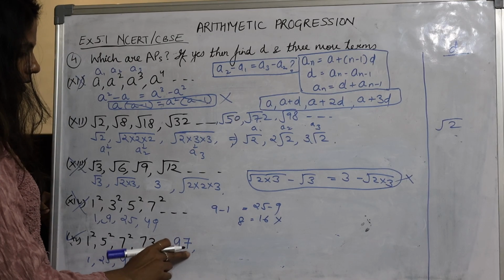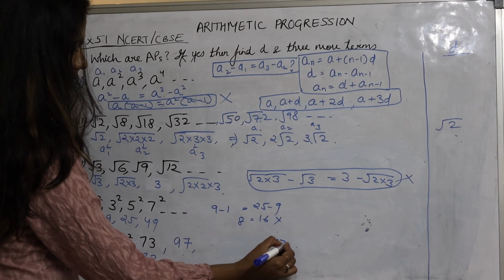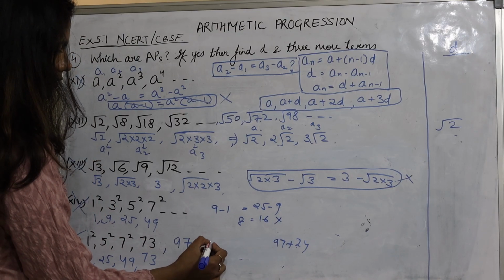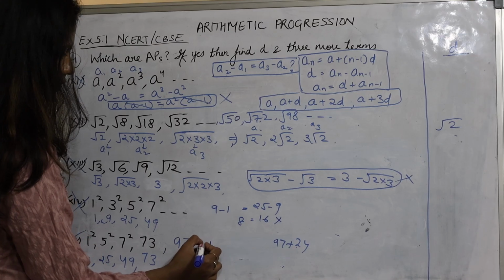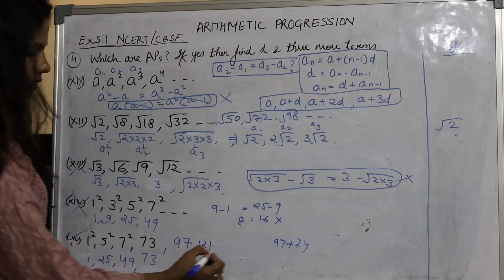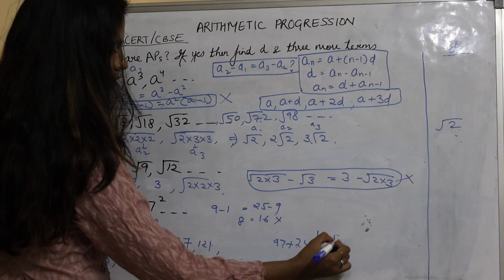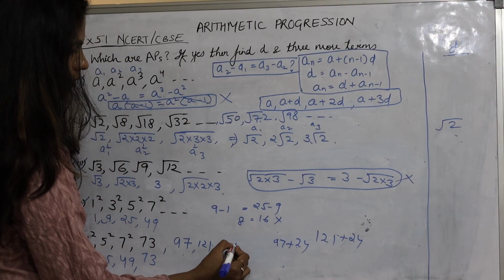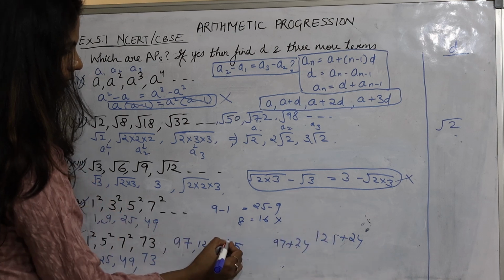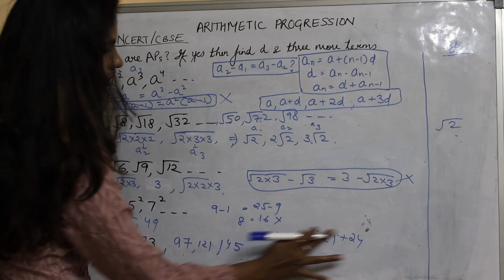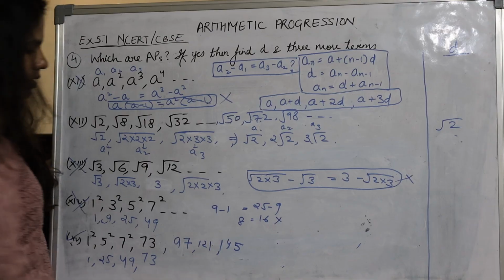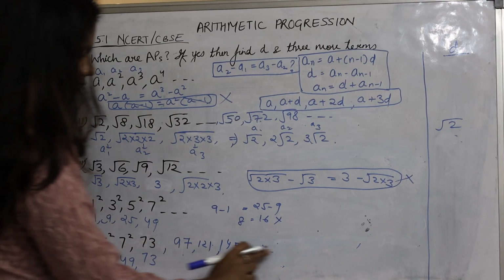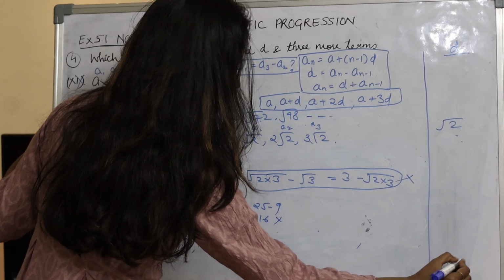Okay, 97 plus 24 will be 121. 121 plus 24 will be 145. So if you see, these are the 3 terms and its d was 24.